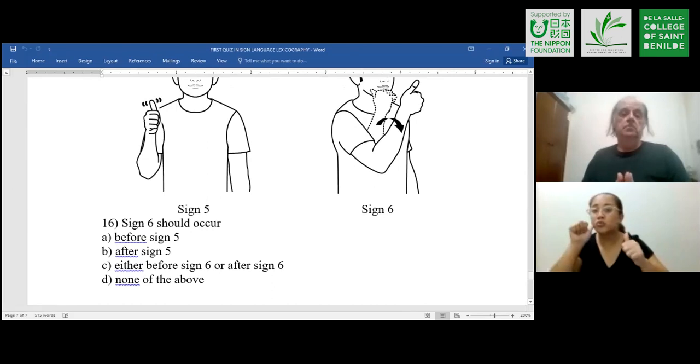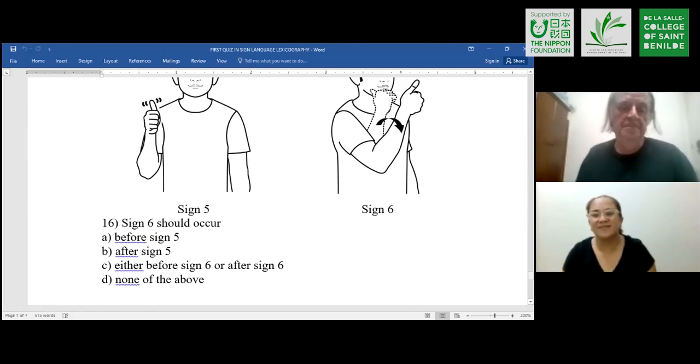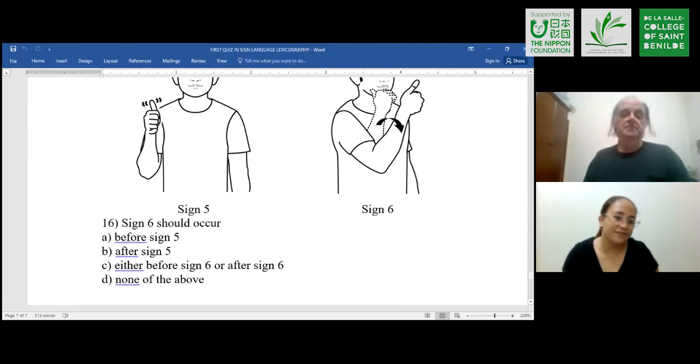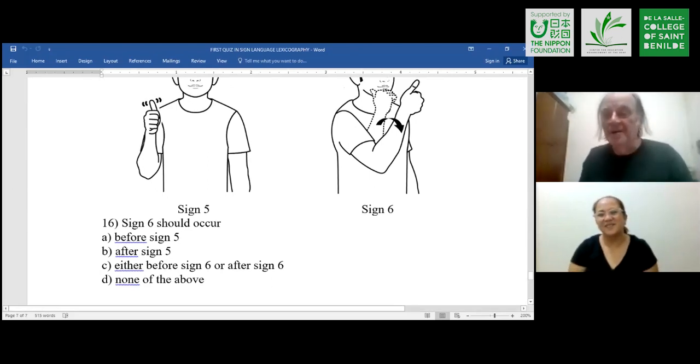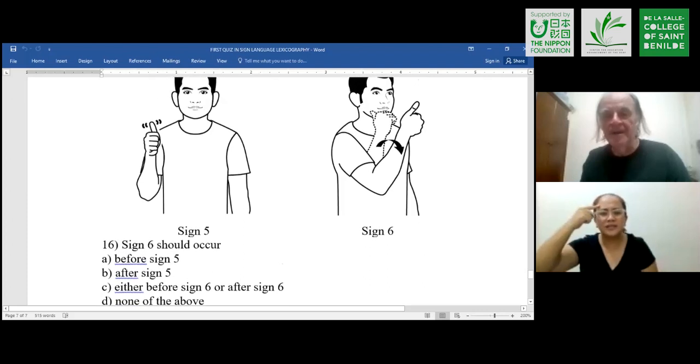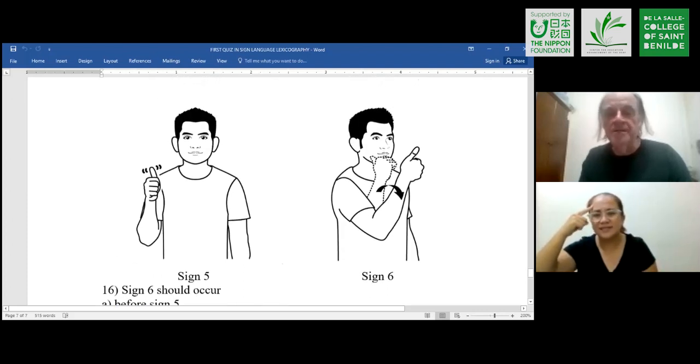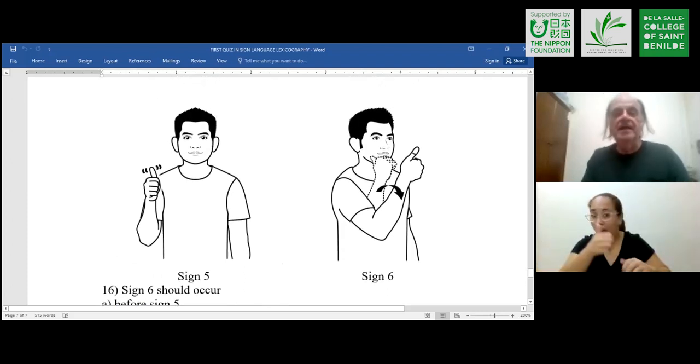I see answers A and B, mostly. Okay. Which one do you think? So somebody argue A and somebody argue B. Who wants to argue A?